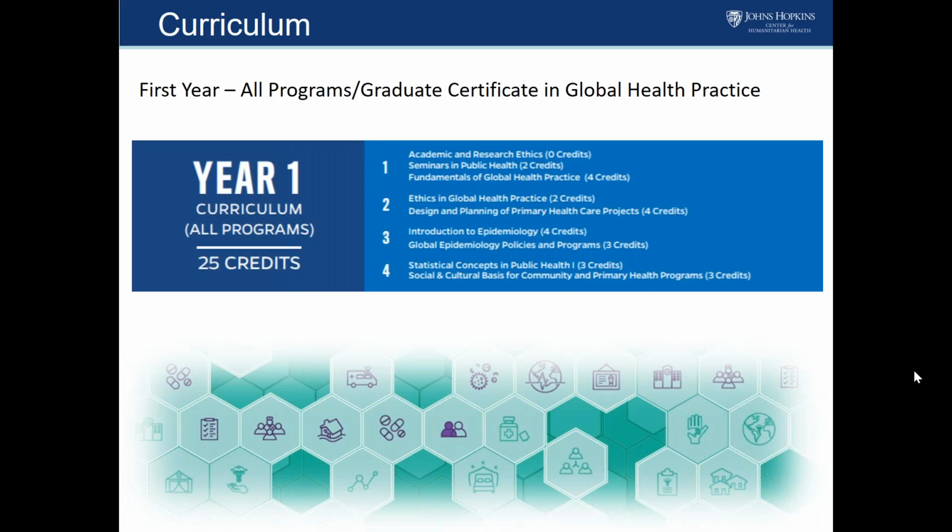And we wrap up the fourth term of the certificate program with a basic statistical course, and also looking at the social, cultural, and behavioral aspects of community and primary healthcare programs. So this first year should give you an overview of global health, from the epidemiological, the social, the behavioral, the ethical, the demographic points of view.